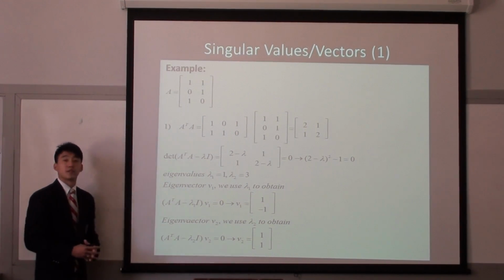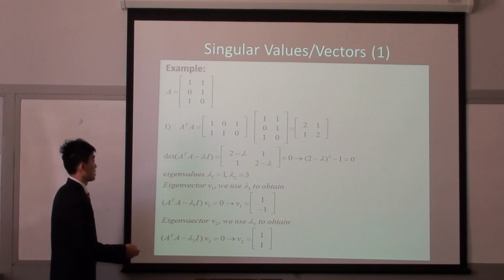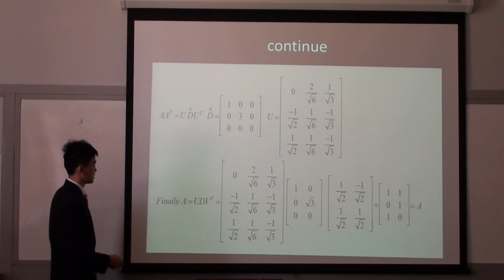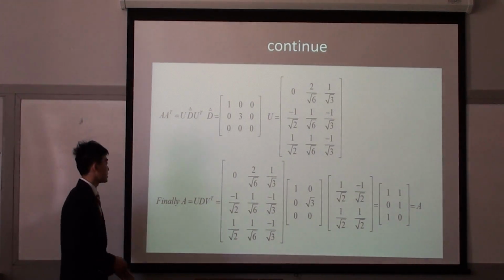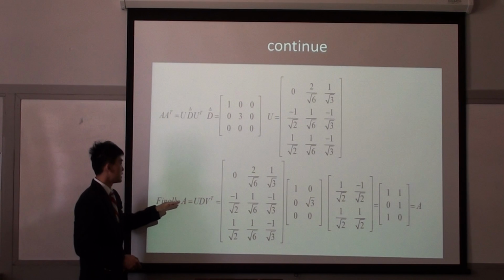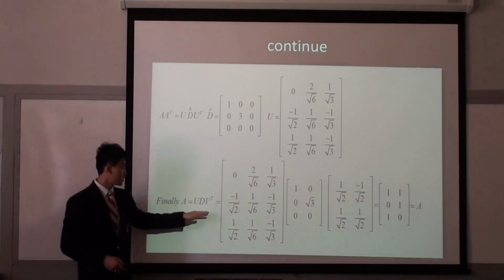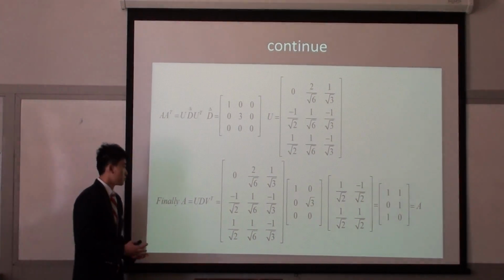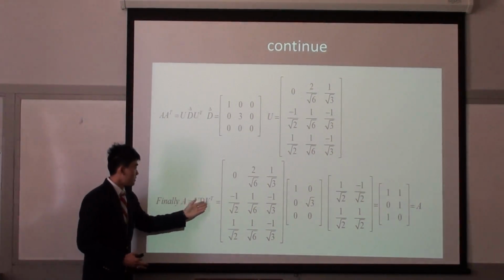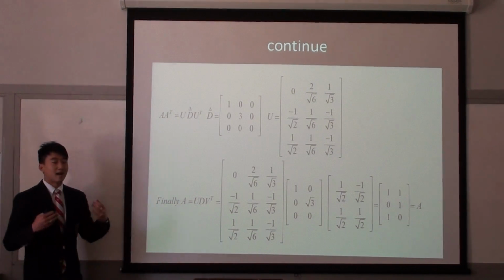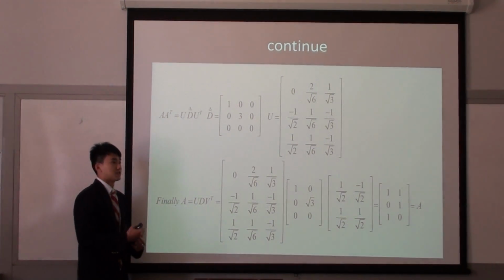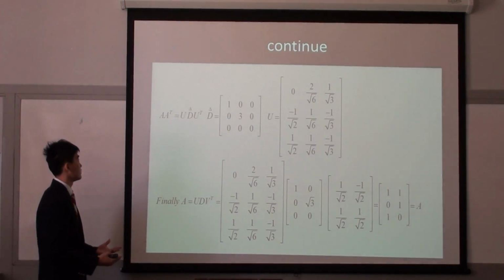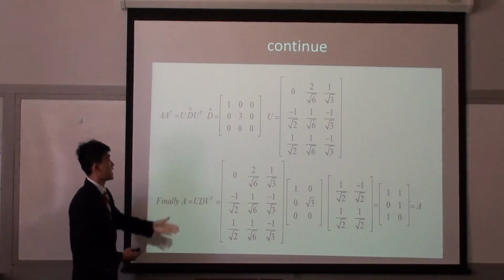That is how we find our singular vectors. Eventually, when we do the singular value decomposition, we can decompose that non-symmetric matrix into U times D times V transpose, where D is also a matrix with a diagonal of its singular values, and U and V are the eigenvectors with respect to the symmetric matrices we formed previously, A times A transpose and A transpose times A.